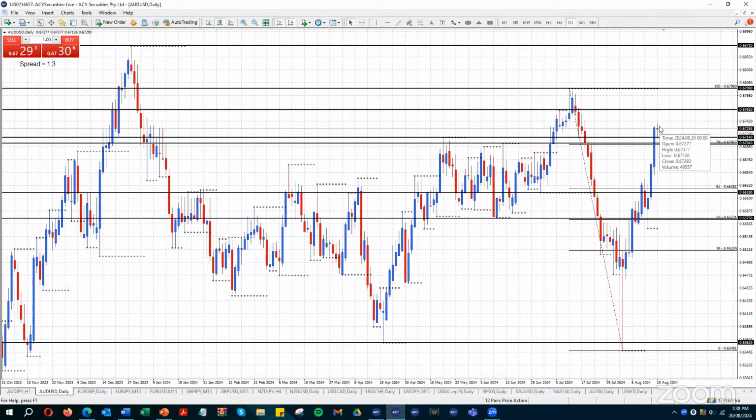Now, if we get a reversal candle up here today, or we close back below 67.14, 67.04, wouldn't that then be suggestive that we could be left shoulder, head, right shoulder?